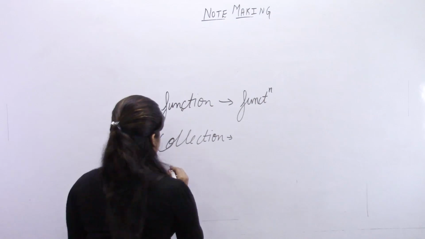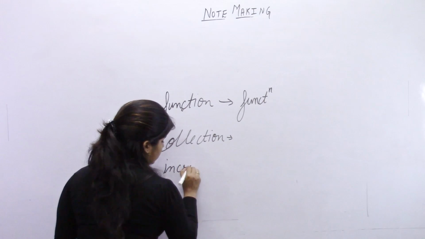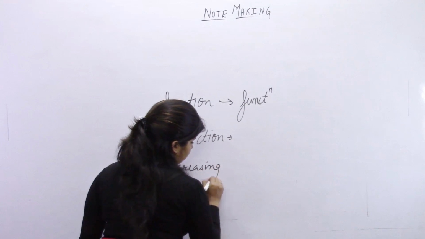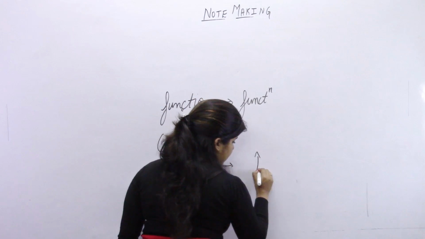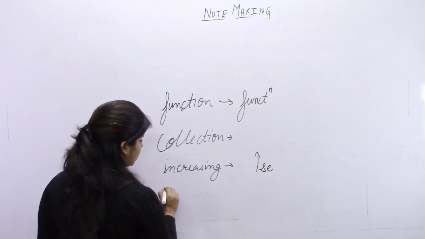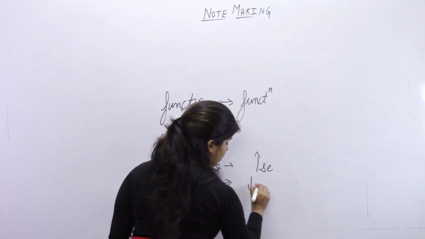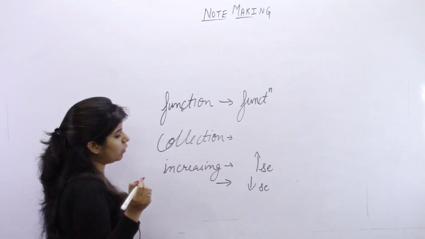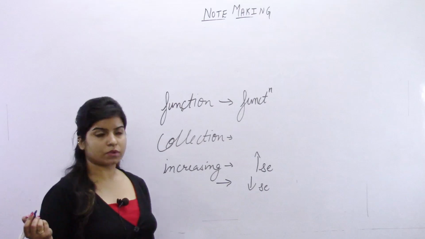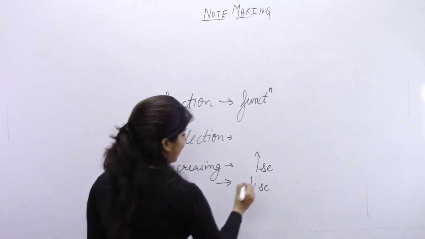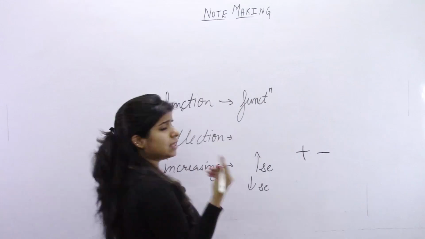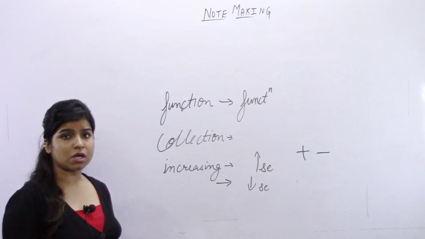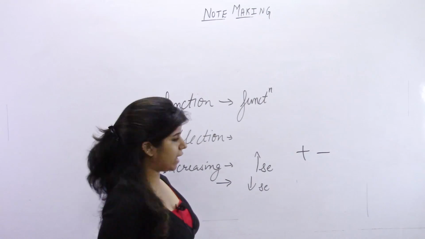Got it? For increasing, we can use the abbreviation that is an upward arrow along with increase. For decreasing, we can use a lower arrow with the word decrease. Got it? For addition and subtraction, you can use these mathematical symbols, but you should avoid using diagrammatical patterns.